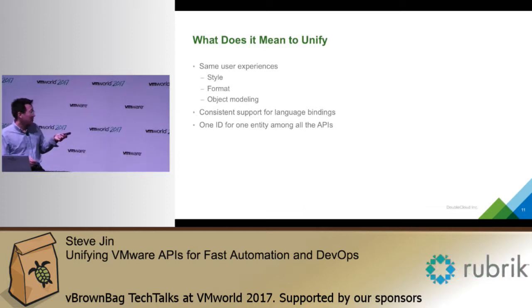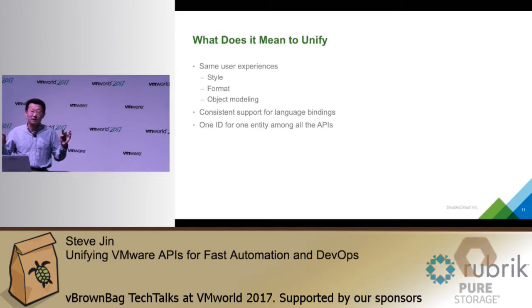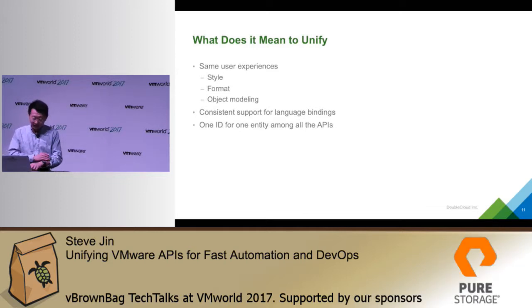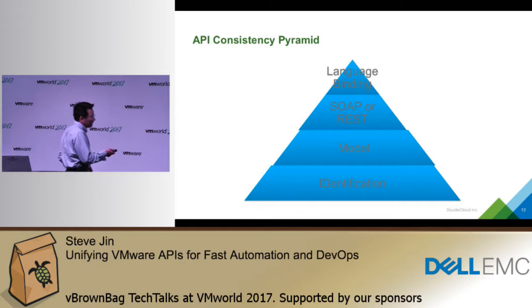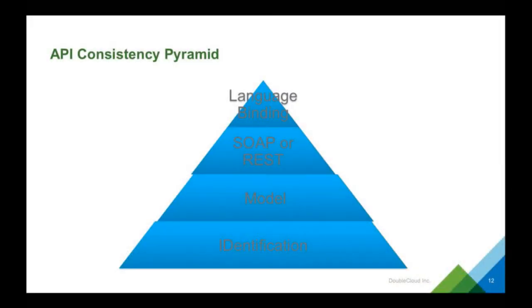And the last one is the ID. You have to identify different objects in different APIs, so can we make that consistent? That's very important. Here I put an API consistency pyramid. At the very bottom, the very basic need, is the same ID, the same identification system for all the APIs.